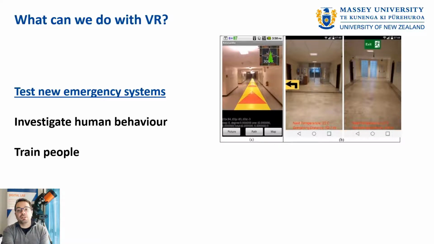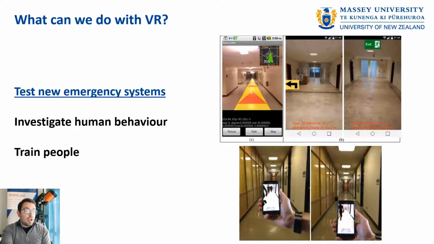There are different kinds of algorithms and technology behind those applications, mainly used through smartphones, so we have video see-through applications. Another interesting application of augmented reality is the visualization of results of evacuation drills or evacuation simulations.